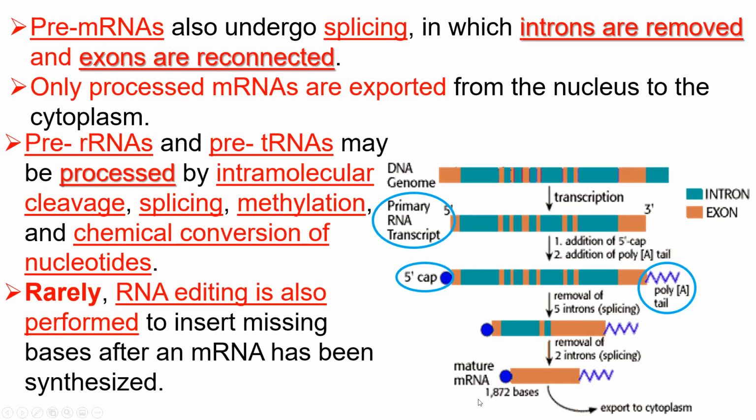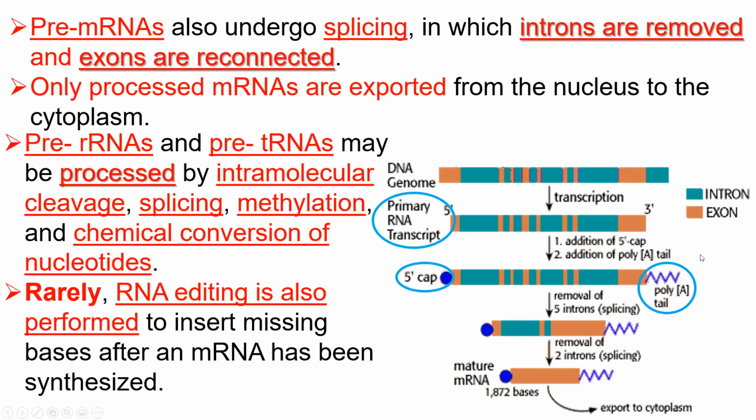So three things happen for a primary RNA transcript to give a mature RNA ready for translation: addition of a cap, addition of a poly A tail, and splicing, meaning removing of introns, leaving only exons.